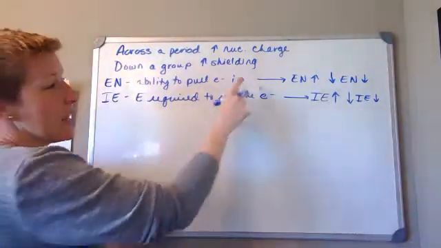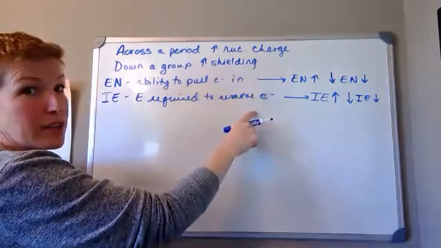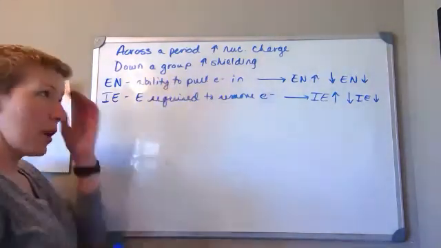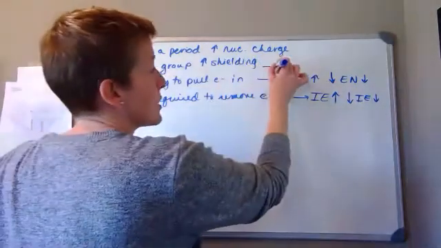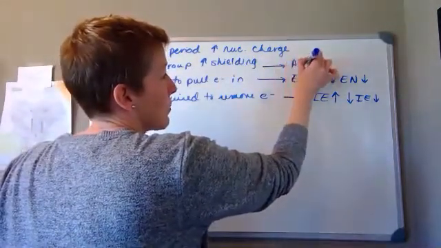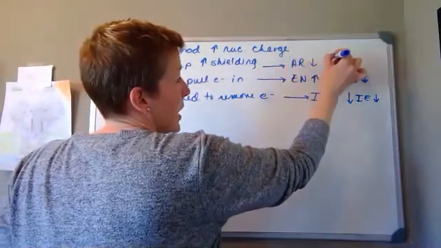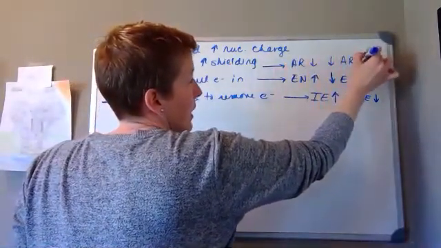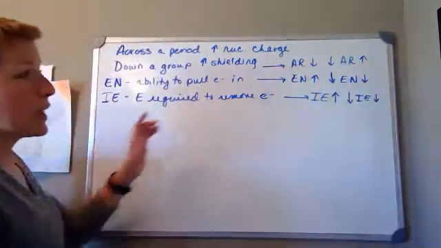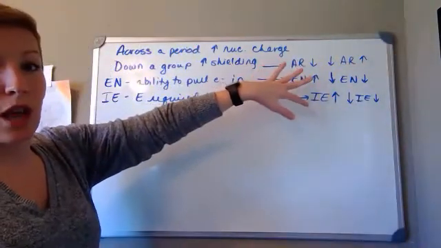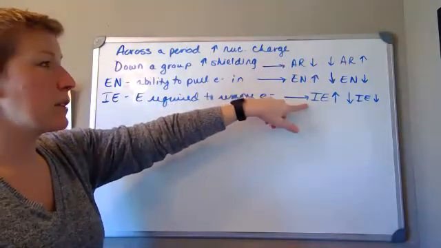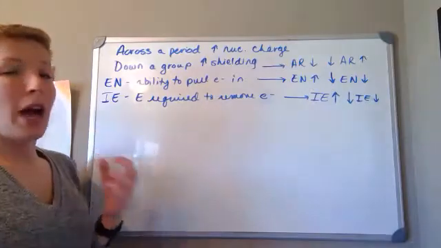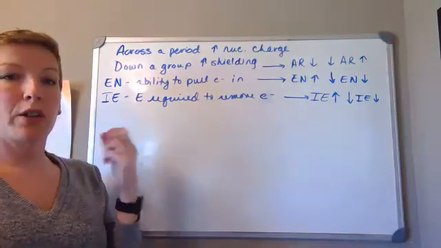So as you can see, it is the same as the electronegativity trend, and it is opposite the atomic radius. Here, I'll write that: as we go left to right, atomic radius decreases, and as we go from up to down, atomic radius increases. So electronegativity and ionization energy go together, and it'll make more sense when I explain this one, and it's opposite atomic radius.